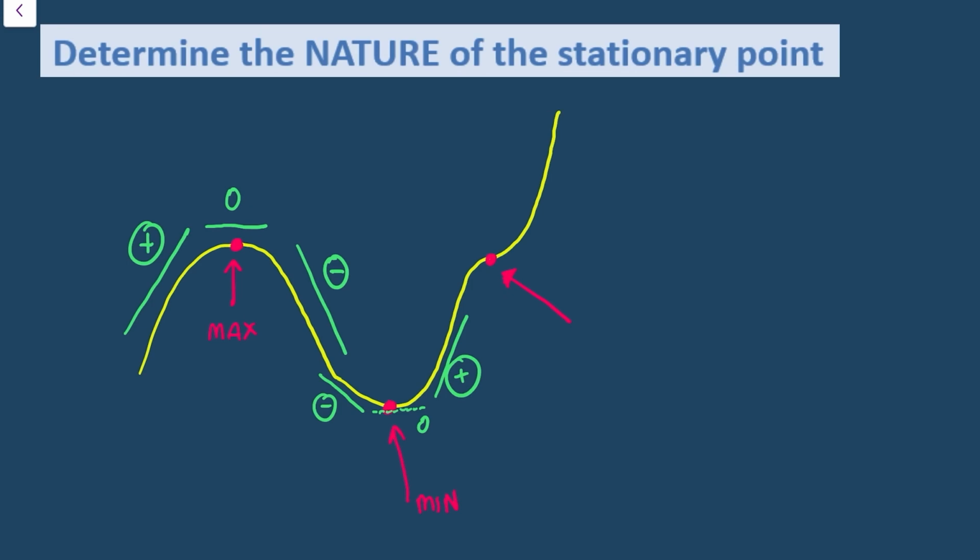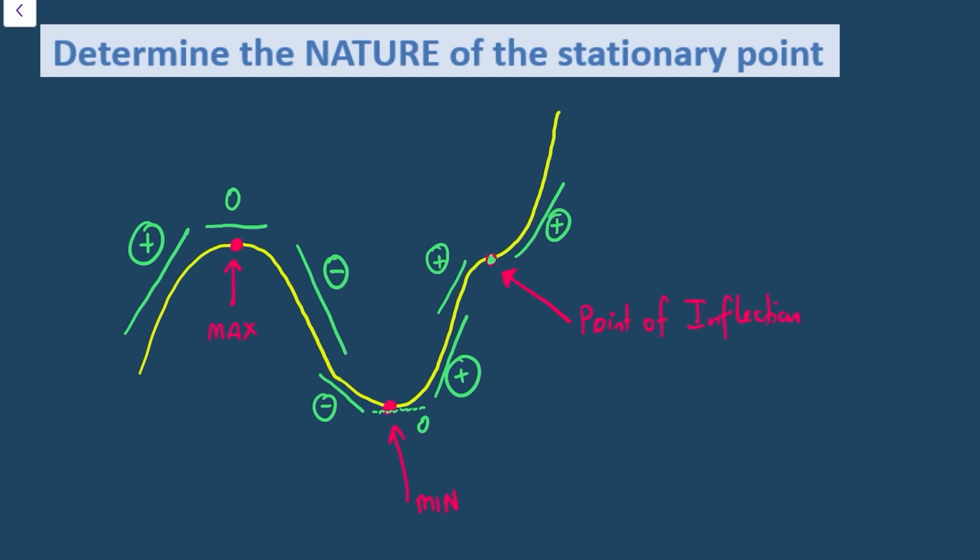As you might notice, prior to this point, the gradient is positive, and after, the gradient is still positive. And when this happens, when the gradient just before and the gradient just after does not change sign, it means I have a point of inflection.